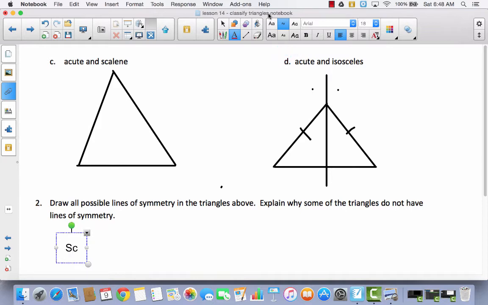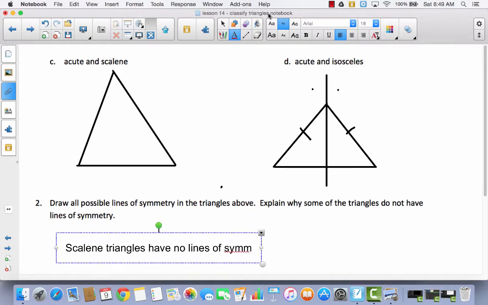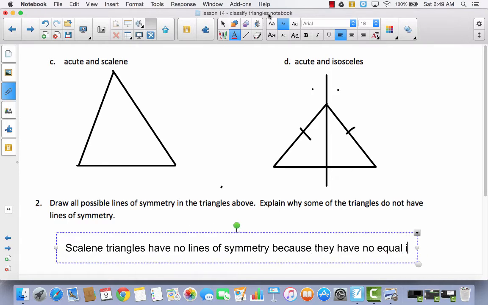Scalene triangles have no lines of symmetry because they have no equal sides. You can't match up 2 sides to be equal if you don't have any equal sides. Like this side was equal to this side, so I could make a line of symmetry right down the middle. But if there are no equal sides, then you can't have a line of symmetry.